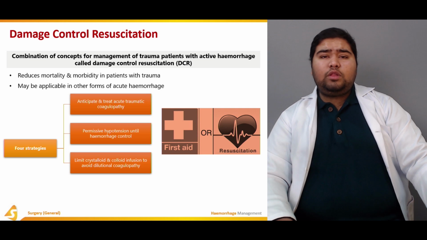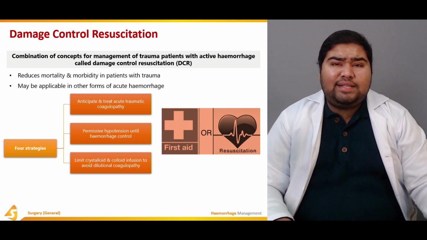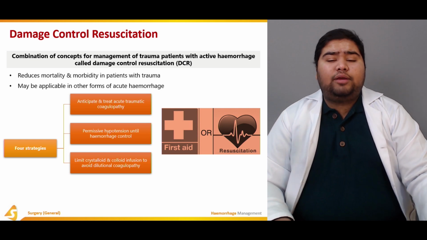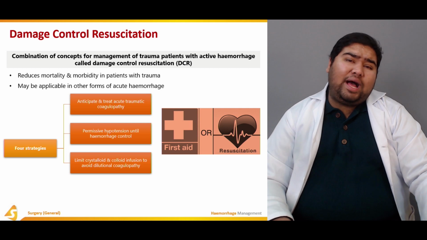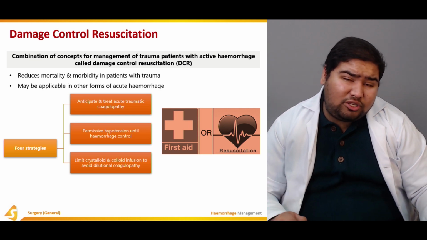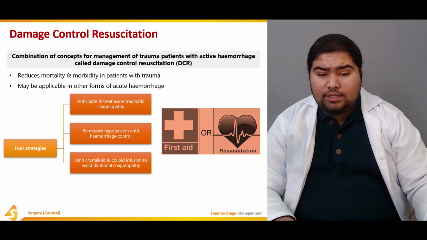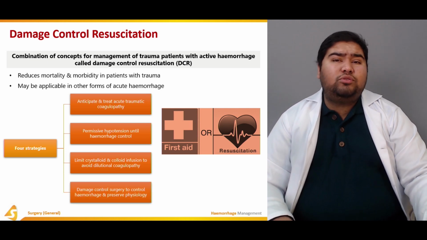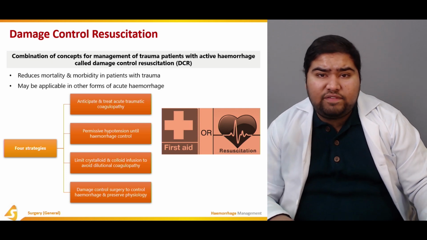Once you have controlled the hemorrhage, you can resuscitate your patient. But during resuscitation, you should limit the crystalloid and colloid infusion to avoid dilutional coagulopathy. The crystalloid solution also causes acidosis, so you should keep your hands slow on that. And finally, the damage control surgery is done to control hemorrhage and preserve the physiology.